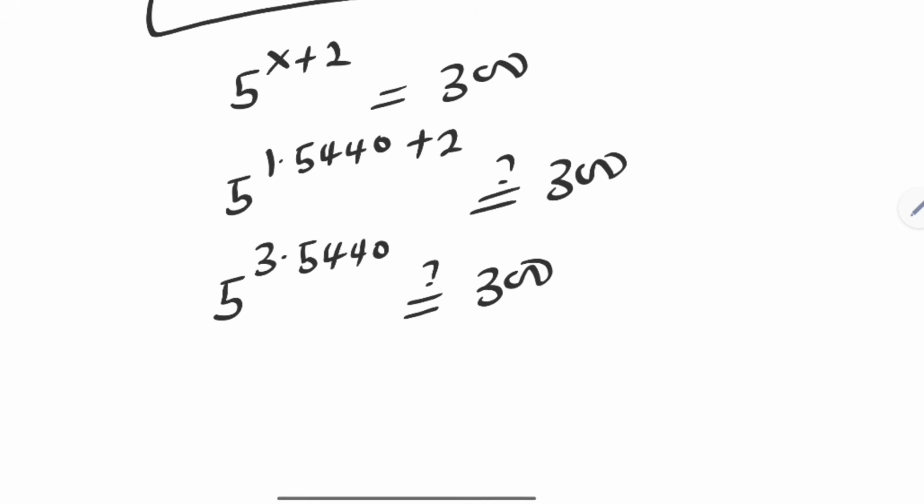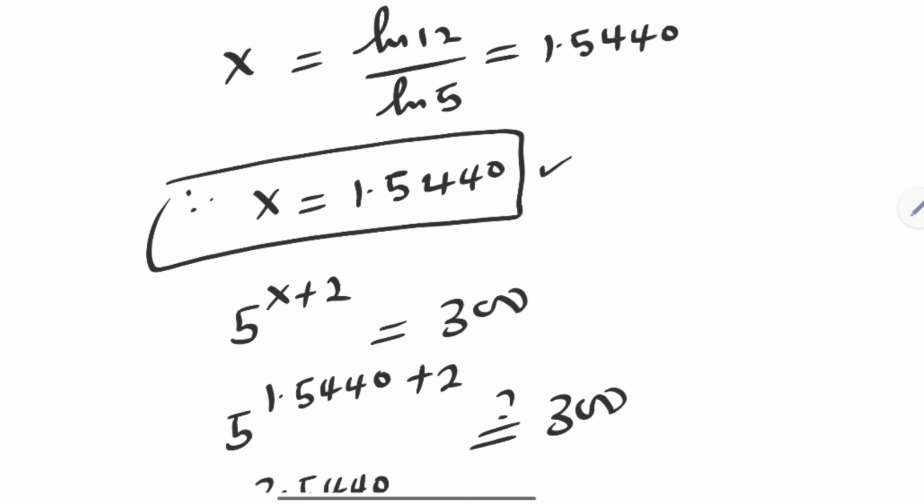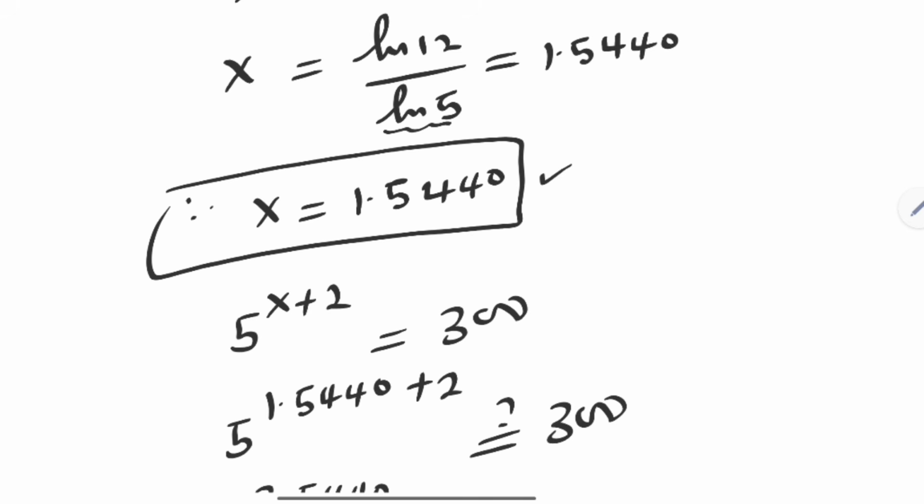And of course, 5 raised to power 3.5440, this is 300, is equal to 300, which is true. But if you want to express your answer further and you don't want to use your calculator, you want to leave it in just natural logarithm form, we can now solve it further from here.